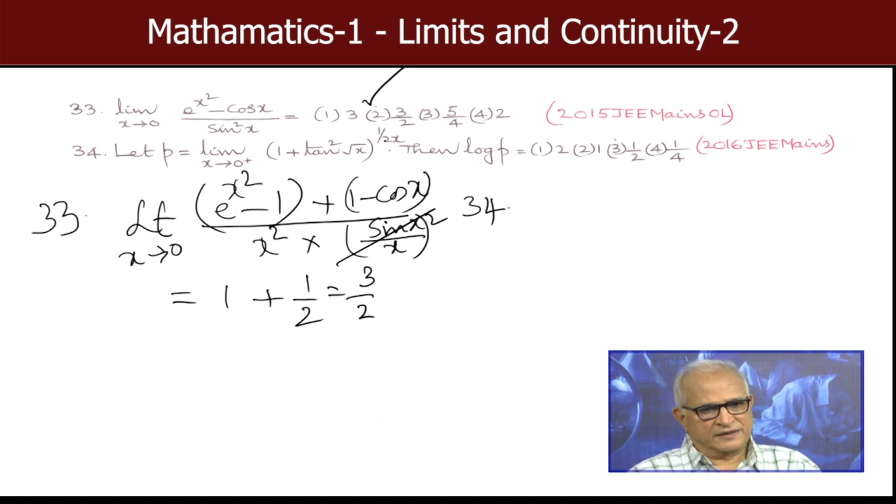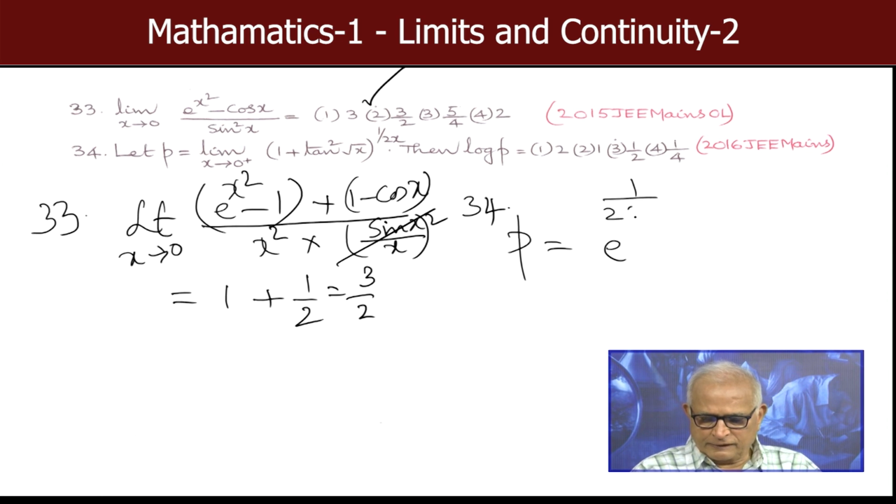And therefore, we can apply that formula for the limit of f x whole power g x as x tends to a, when both base f x tends to 1 and exponent g x tends to plus infinity as x tends to a. Okay? So, this is e to the p equal to e to the power of 1 by 2x into 1 plus tan square root x minus 1, which is tan square root x.